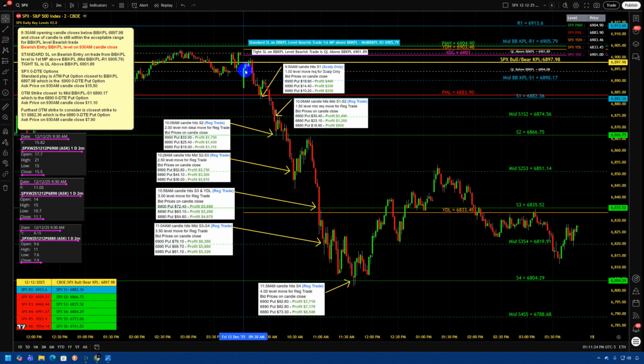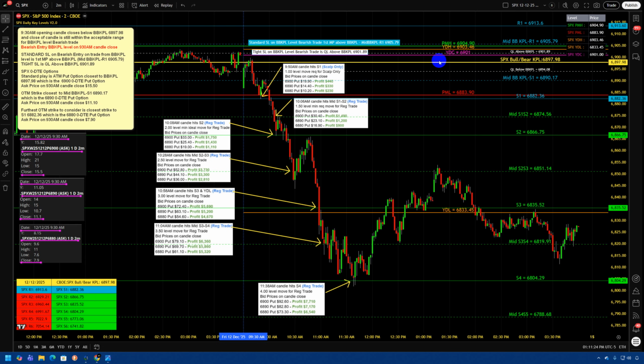Okay, so the 2-minute candle, as you can see here, opened quite below, however rapidly traveled up and closed. It's a fairly large candle here. It's basically about 10 points in this candle here.